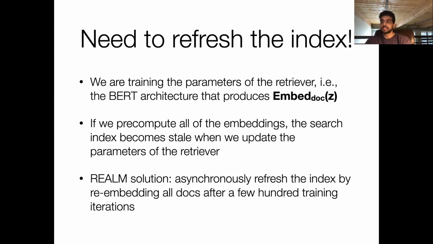They have one process that's doing this masked language modeling objective and updating all the models. They have another process that takes a snapshot of the parameters of the retriever at some point, computes the embeddings for all of the documents in Wikipedia, and then builds this index. And once that's done, it updates the index that the other process is using.